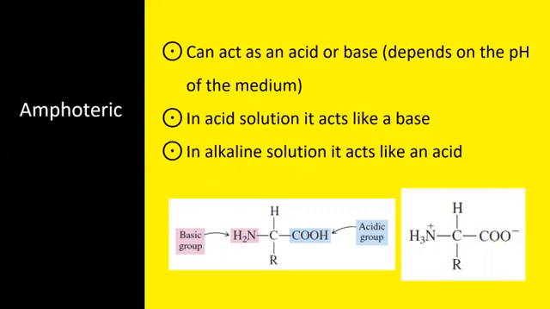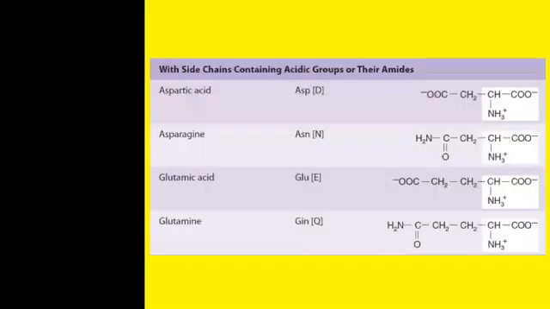Zwitter ion is derived from a German term meaning double ion. So that is the meaning of amphoteric, in the neutral solution. We have covered this one already.